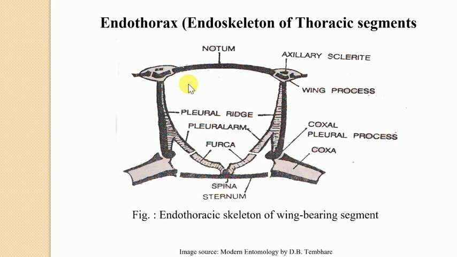The same function we have already discussed when learning the tergite: the phragmata provide the site of attachment for the dorsal longitudinal muscle, which brings about the dorsal stroke movement of the wings among insects. So this is about the endotergite.